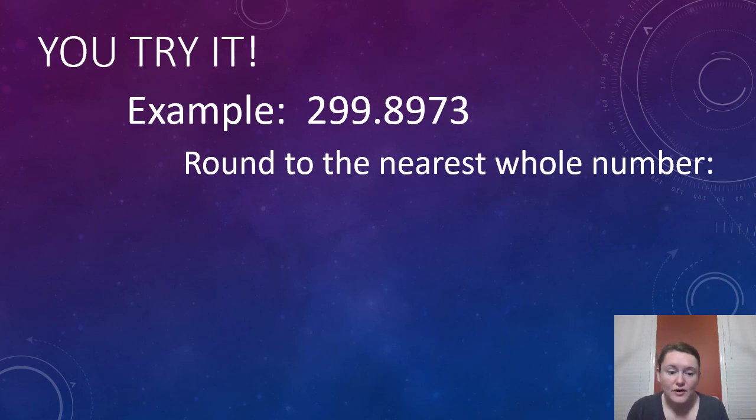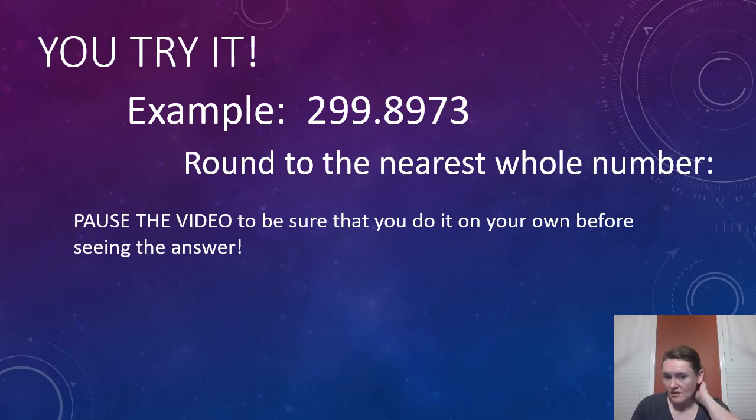Let's try one more. Nearest whole number, and let's see what you get. Okay, so if we're looking for the nearest whole number, that means we don't want any decimals. So we look at the first decimal place to see if this 9 needs to round up.